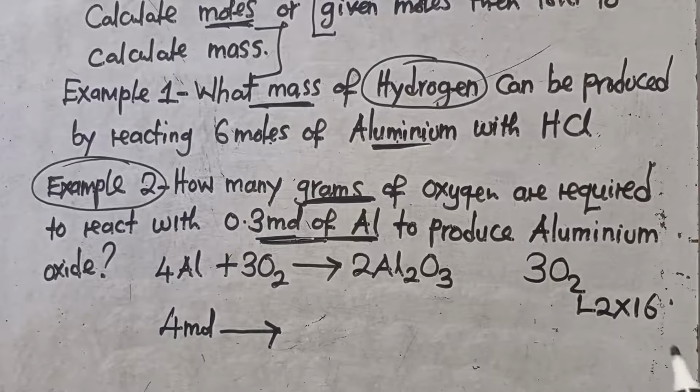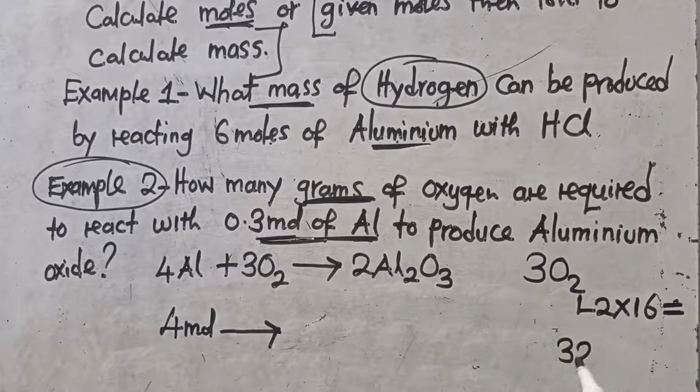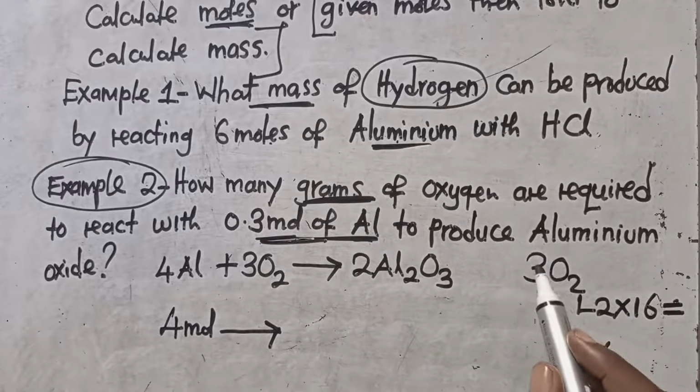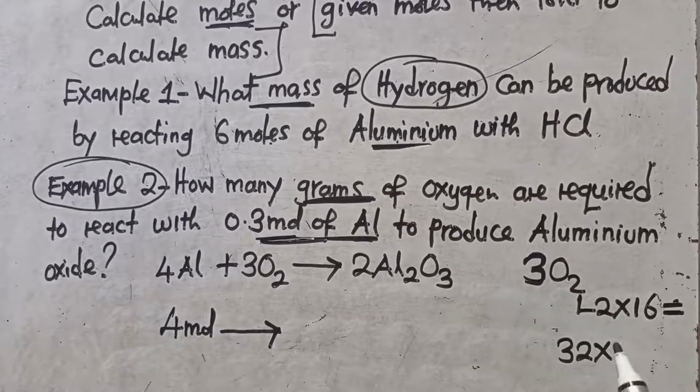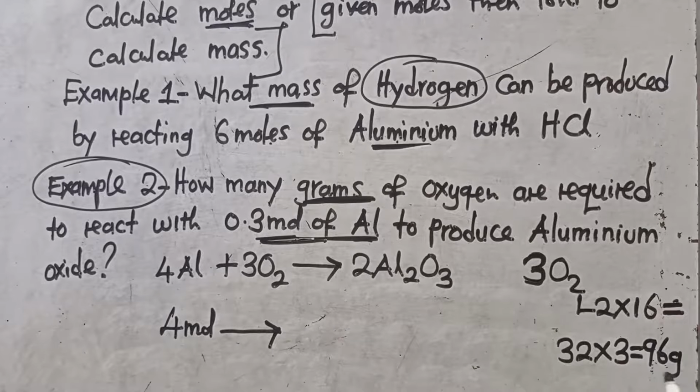The O level periodic table shows 16. We equate now, that is 32. 32 times the 3 that is there, you are going to get 96 grams. So I say 96 grams.